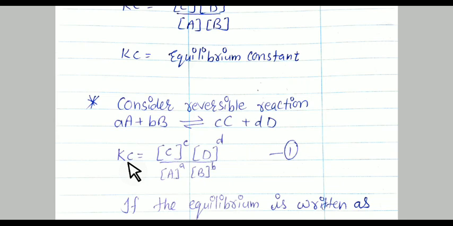Kc is equal to concentration of C raised to c, concentration of D raised to d, upon concentration of A raised to a, concentration of B raised to b. This formula is for the forward reaction, meaning product upon reactant.